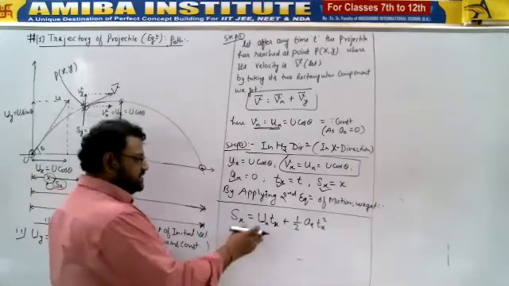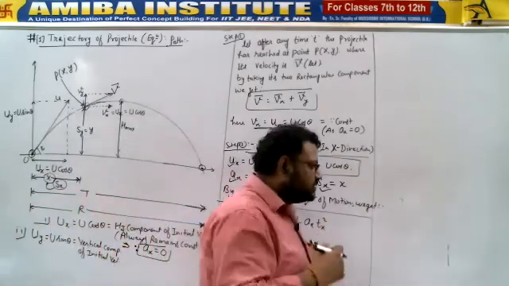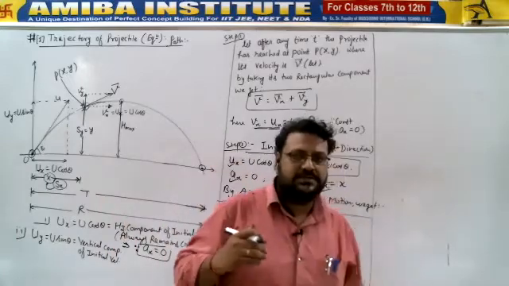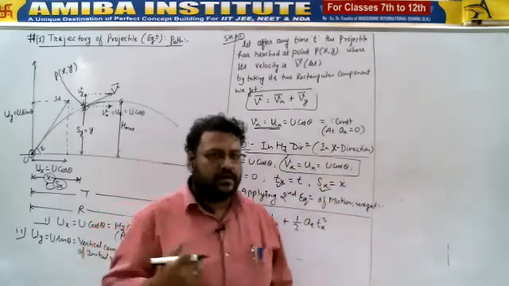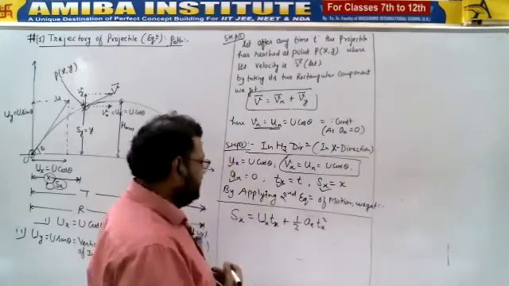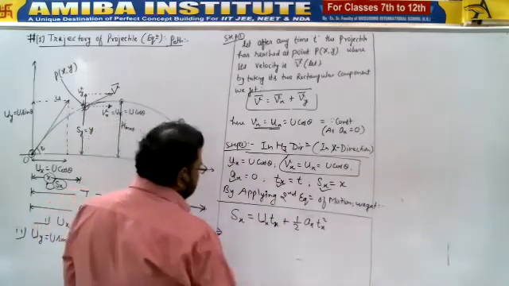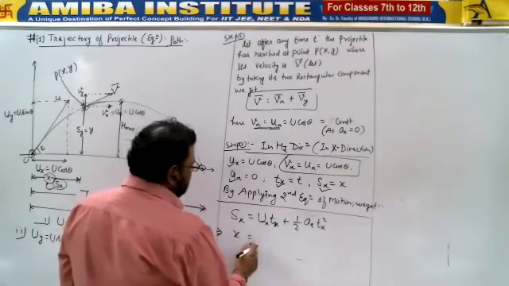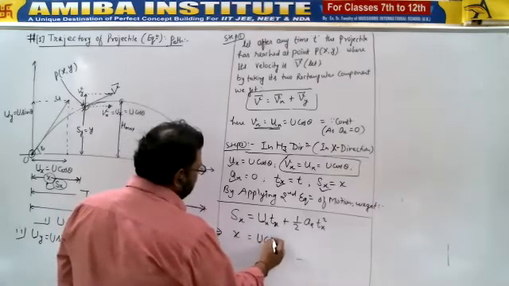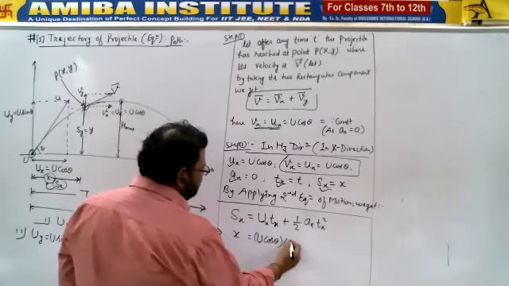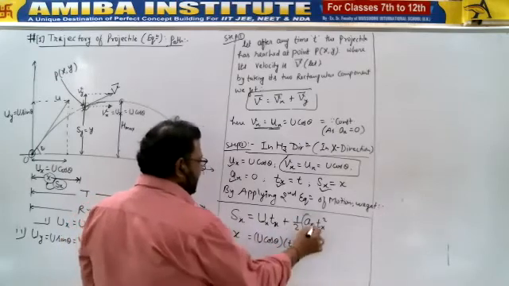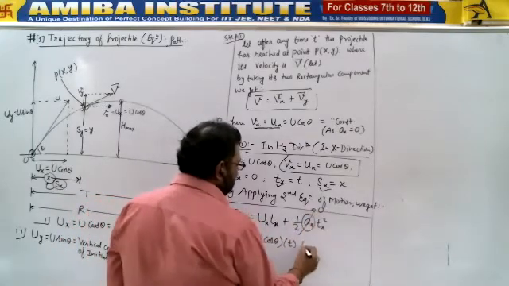I prefer ux these type of things so that it should be pretty much clear to us that we are studying in x direction only. So it makes sense then. Sx is equals to x, ux is u cos theta, tx is simply t, and since ax is 0, the whole term will become 0.